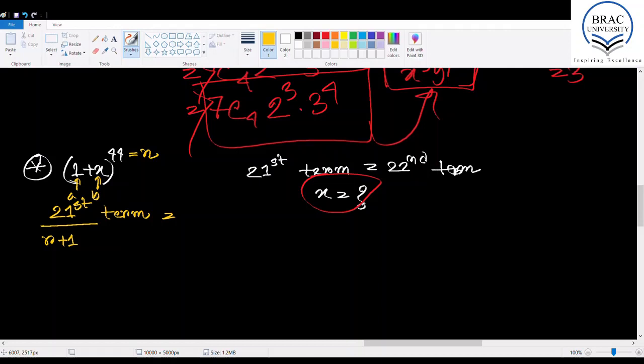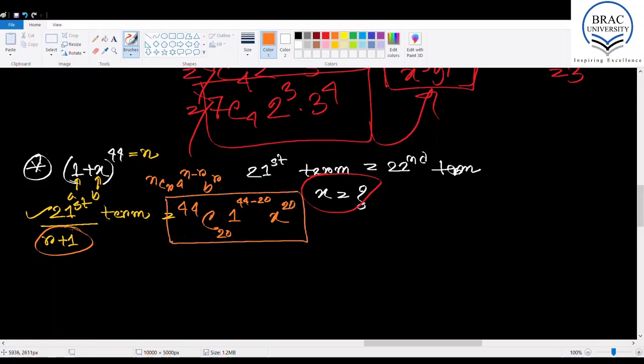So if we compare this 21st term with the general form NCR a to the power n minus r, b to the power r, here n value is 44, r plus 1 equals to 21, that means r equals to 20, a value is 1 to the power 44 minus 20, and b value is x to the power 20. So this is our 21st term. What will be the 22nd term?